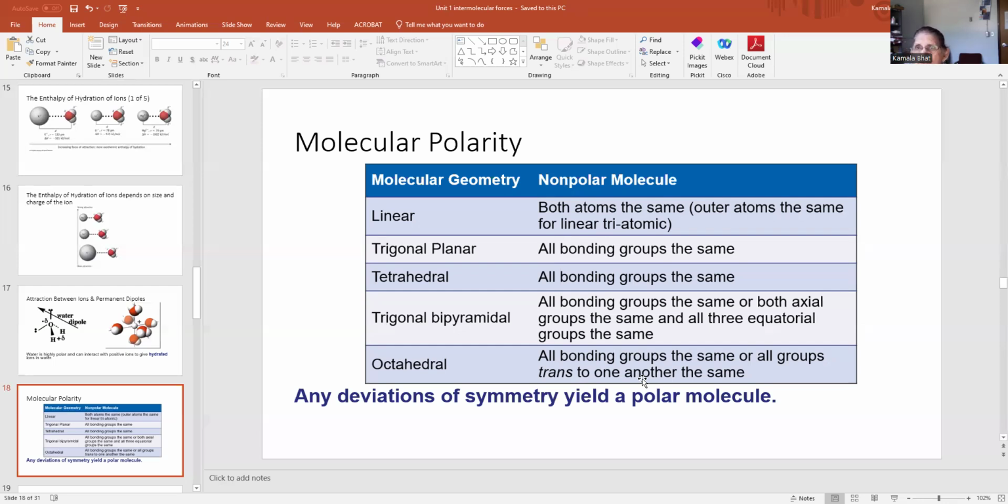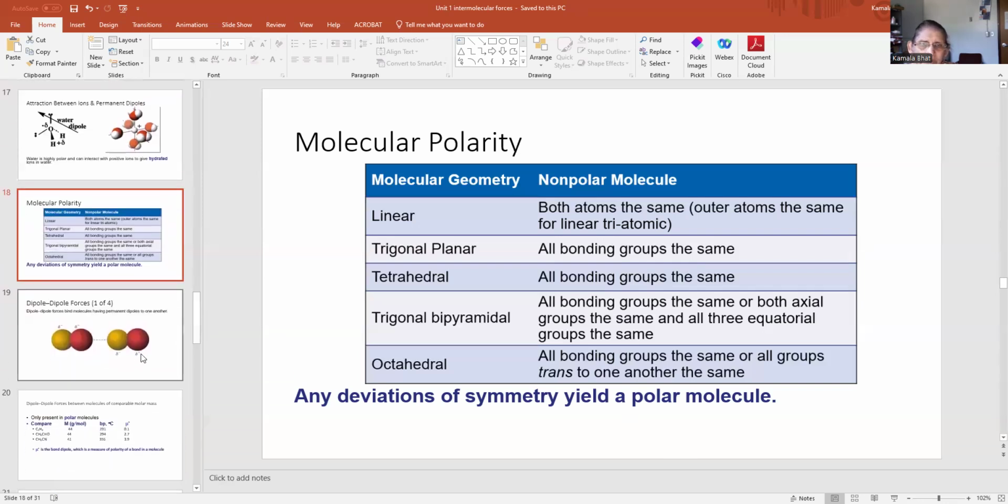Any deviations from this nonpolar molecular geometry will give you a polar molecule. And this is very simple to understand, because as soon as a lone pair of electrons comes in, we already discussed in chapter 8 that the molecule will be polar.